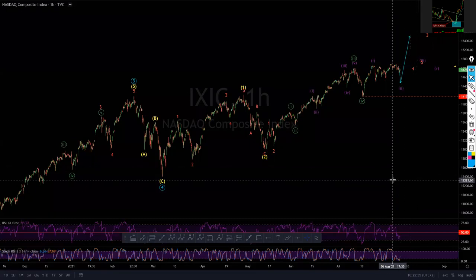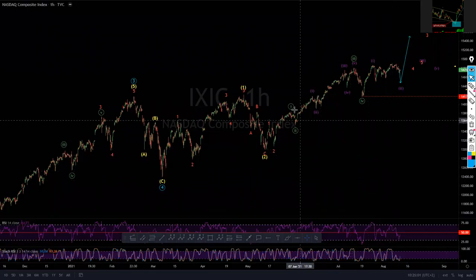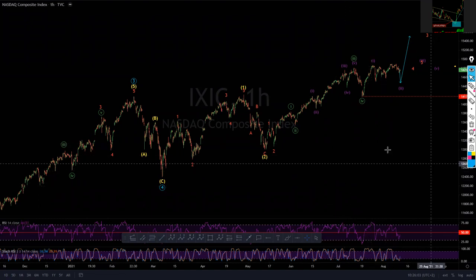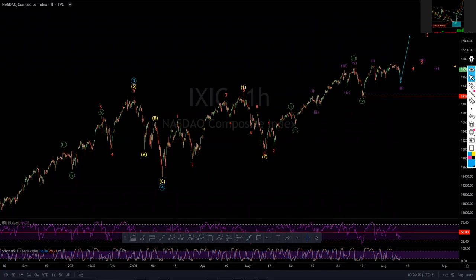So the request on the US 30 and the NASDAQ as well, I'll just take a look at the NASDAQ. Look at the NASDAQ here. We've had higher highs and higher lows like that.